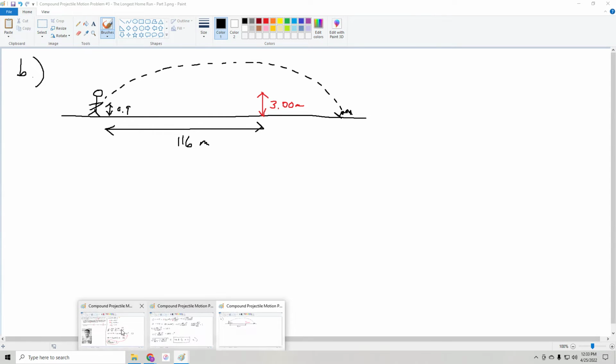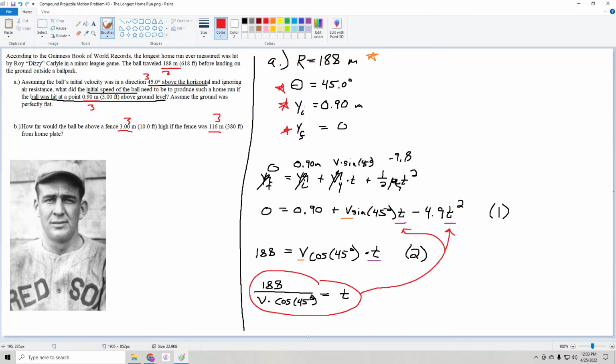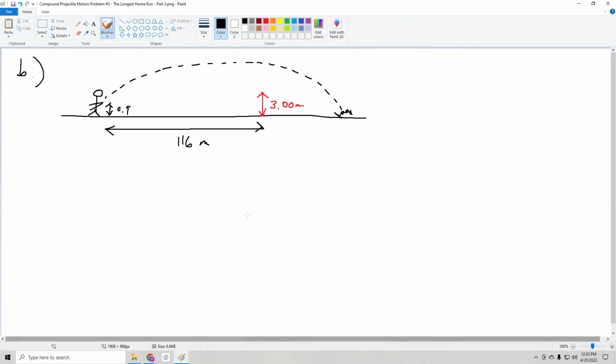And our goal, again, how far would the ball be above the fence, which is this quantity right here. How far above the fence? We will call this y above, and the ball will be located y total.